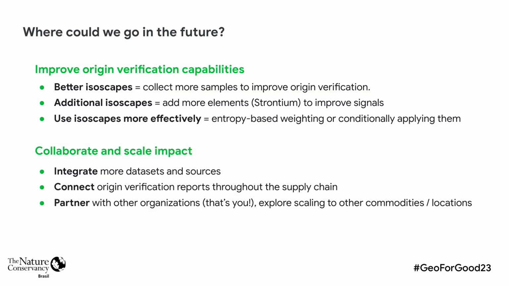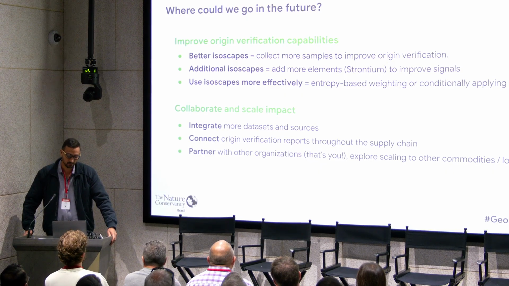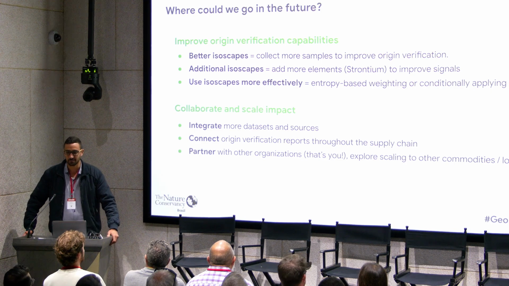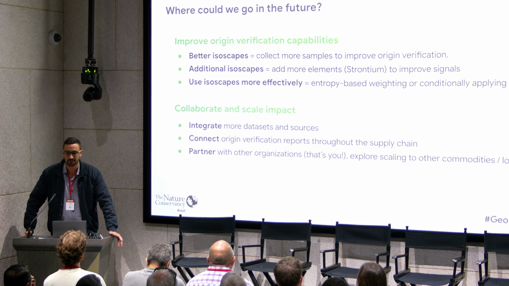And where are we going in the future? How can you help us enhance this project or work on it with us? Basically, right now, we are trying to improve the origin verification capabilities. So the research part is very important. We will also continue developing the science behind the map, the isoscapes.